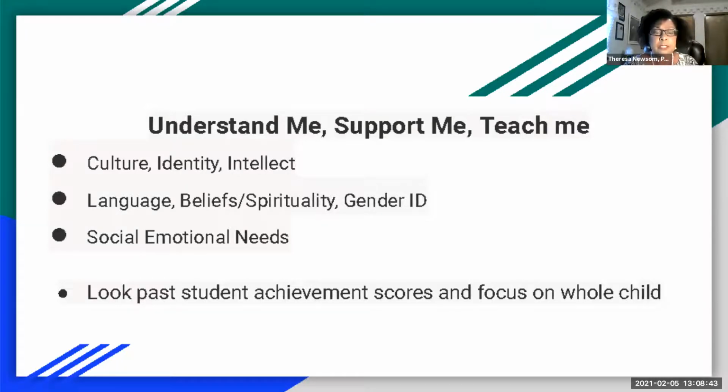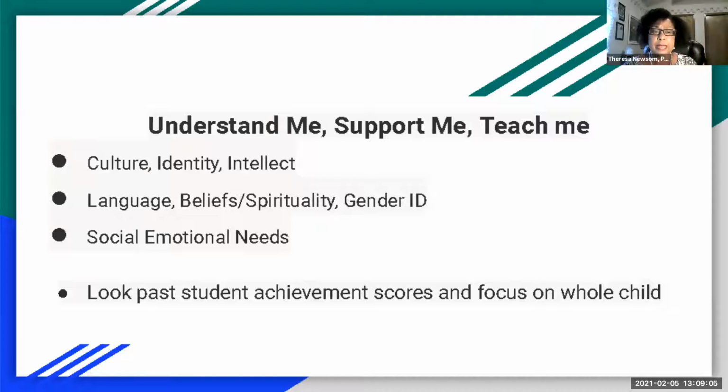And so when I look at students and I think about their culture, do I really understand their culture? I know you're thinking, I can't understand everybody's culture, but if I take the opportunity to think about their culture, it might be a little different from mine, but I still look for their giftedness.